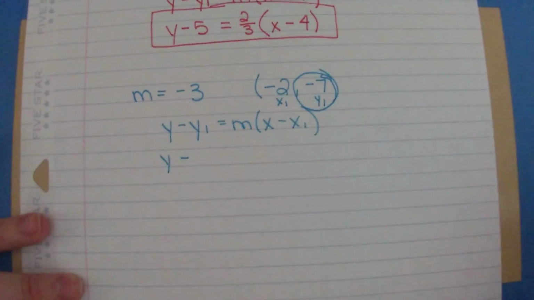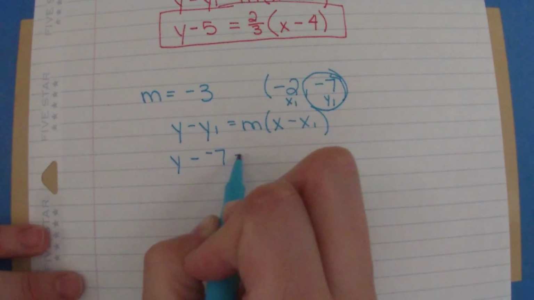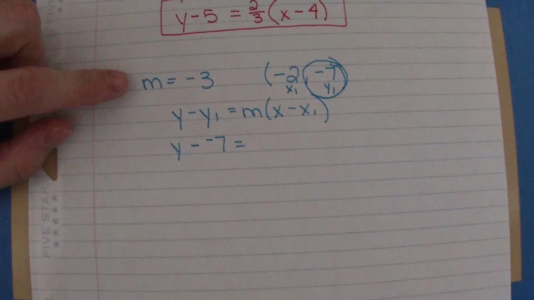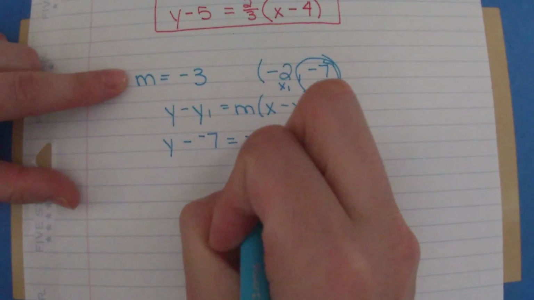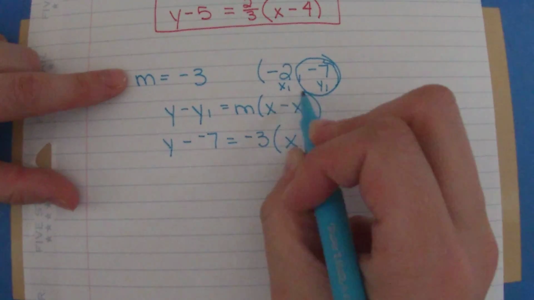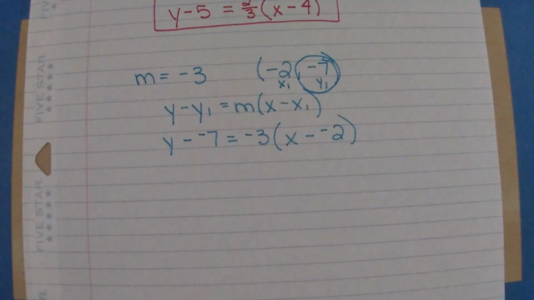My y value is -7, so this -7 is still getting plugged in here. And I know some of you might be thinking to do something with that. We'll get to that in just a second. My m is -3. My x sub 1 is -2, so again, that negative's coming with it.